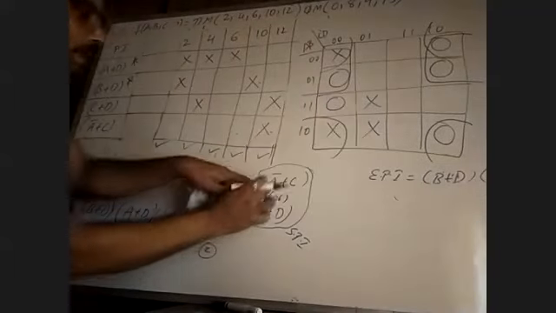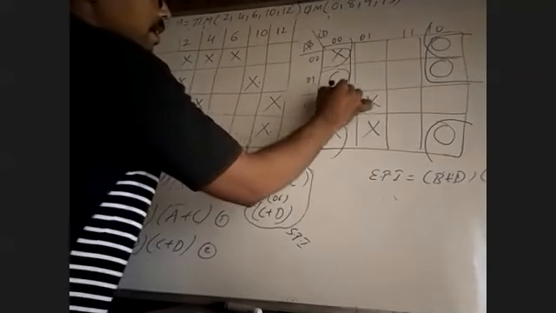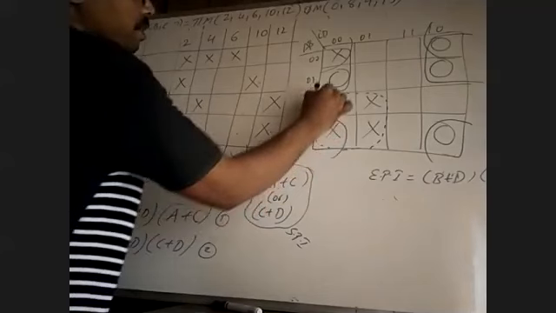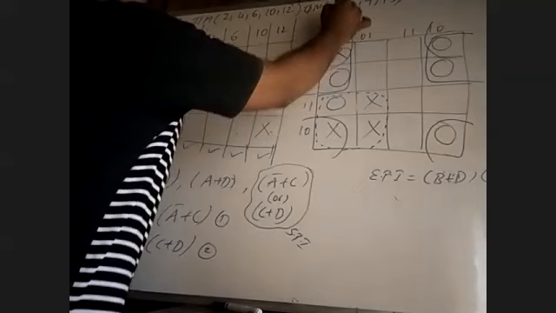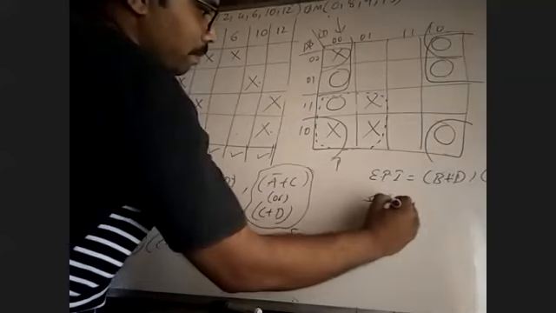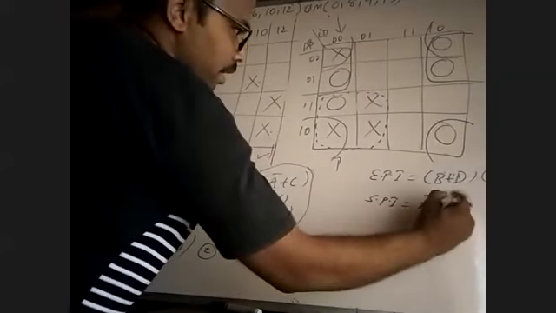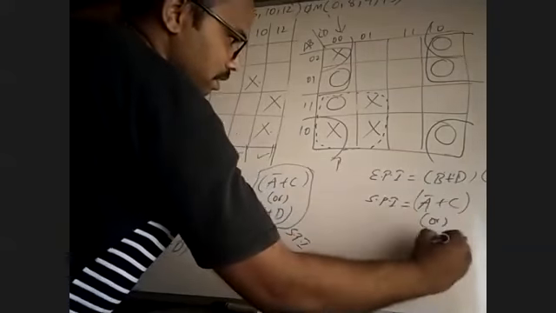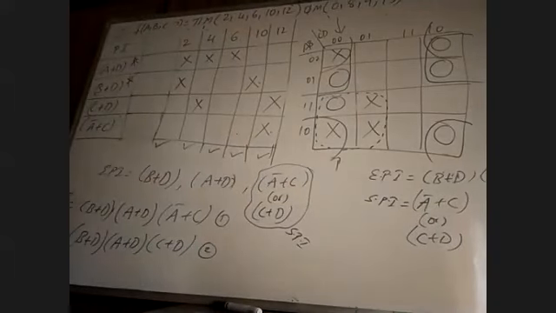If you cover this as one option, we can write this as A bar plus C. If you select this entire column, we can write this as C plus D. That is, the selective prime implicant we are getting as A bar plus C, or you can write this as C plus D.